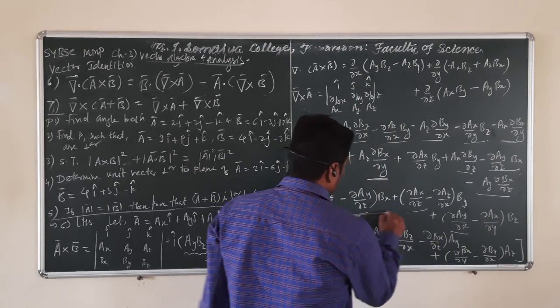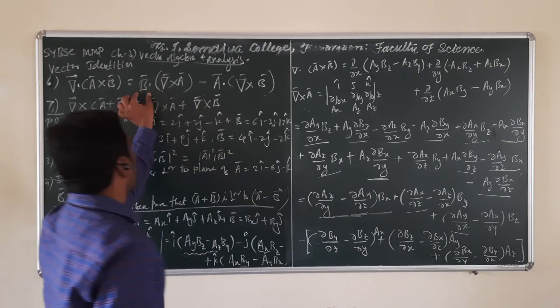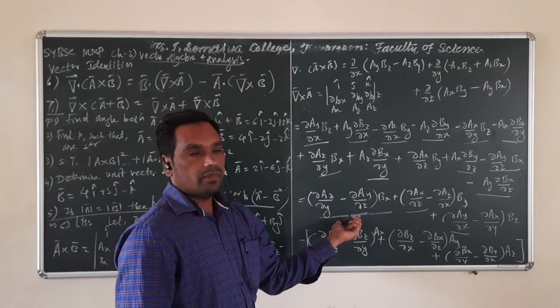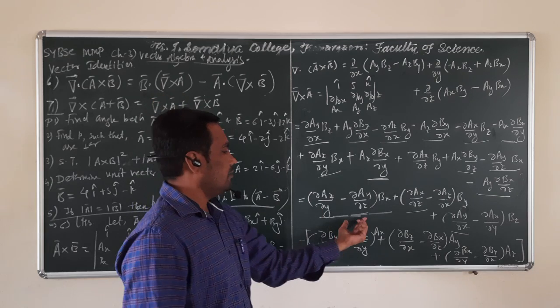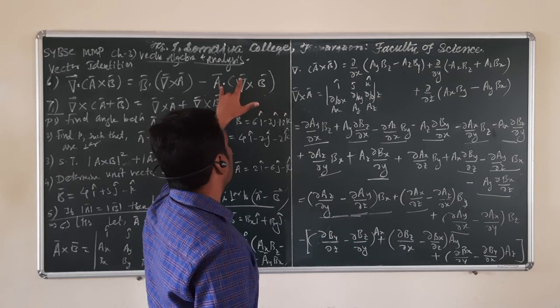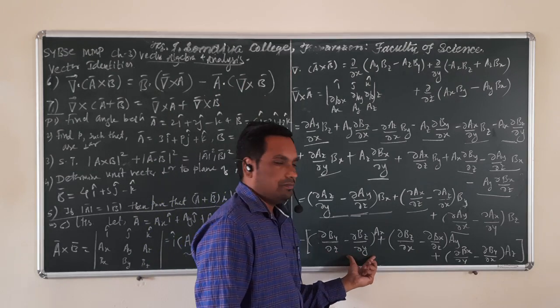So this term is nothing but B dotted with del cross A. If you solve this, you will get the first term. Similarly, if you find del cross B dotted with vector A, you will get this term.